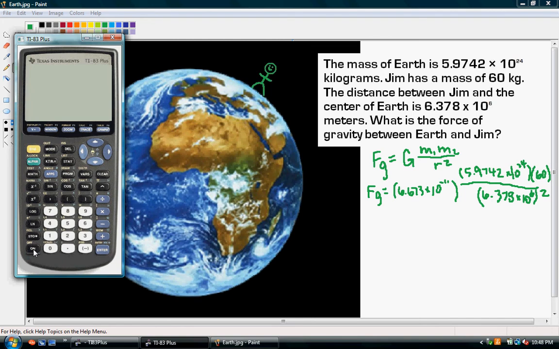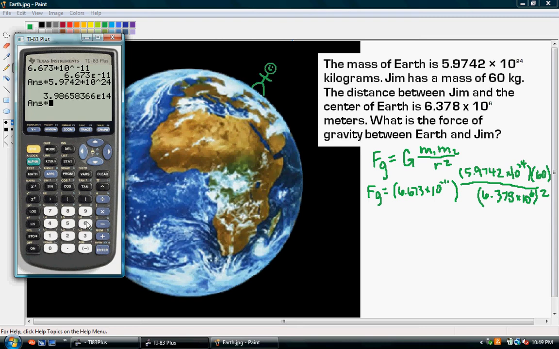Alright, first we have the gravitational constant, which is 6.673 times 10 to the negative 11th. And we can multiply that by 5.9742 times 10 to the 24th, which is the mass of Earth.